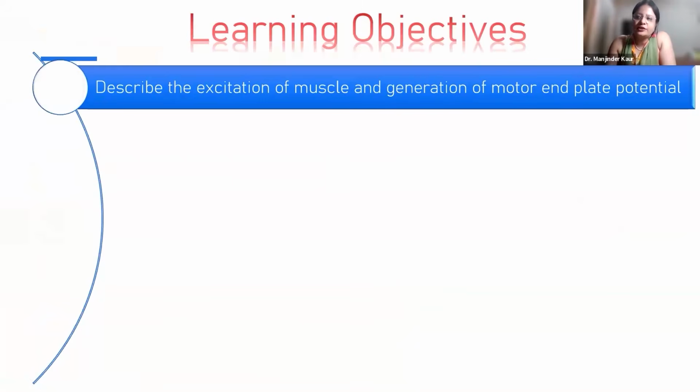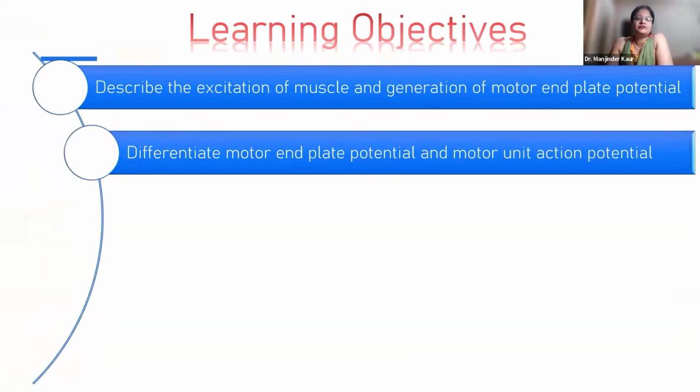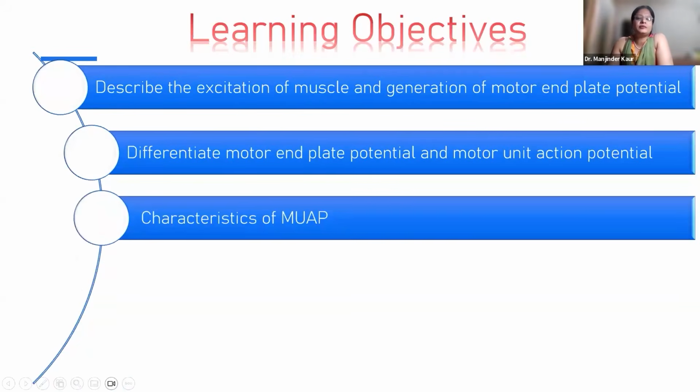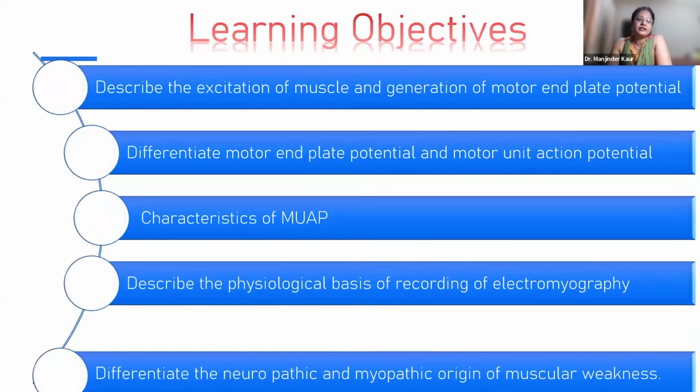First of all, your learning objectives: at the end of this webinar, you should be able to describe the excitation of the muscle and generation of the motor end plate potential. You should be able to differentiate motor end plate potential from the motor unit action potential, describe the characteristics of motor unit action potential, and describe the physiological basis of recording of electromyography.